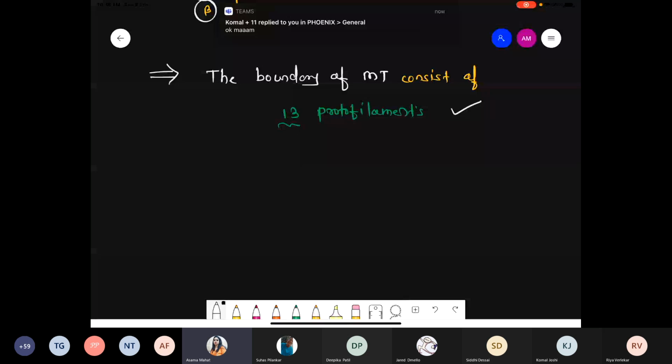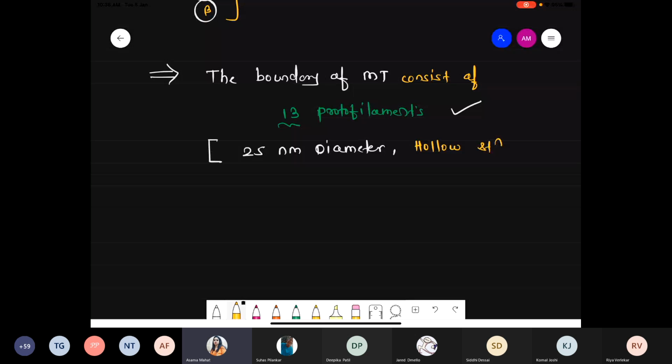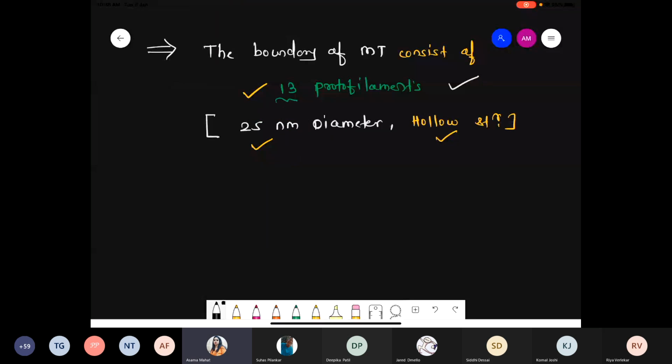All the tubulin proteins arrange helically with each other, and after the arrangement they form a hollow structure. So we are taking what the 13 protofilaments mean, how they show helical arrangement, how they form the hollow structure, and how they form a 25 nanometer diameter. Simply we are taking the structure.